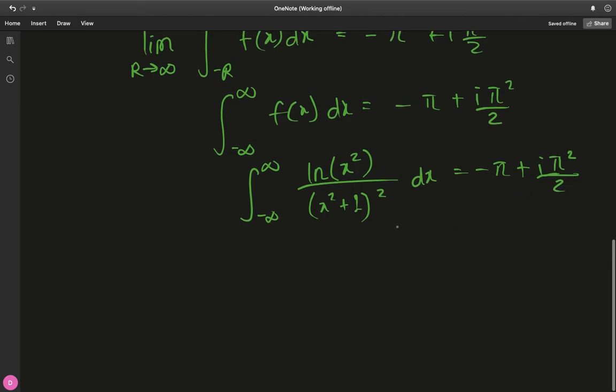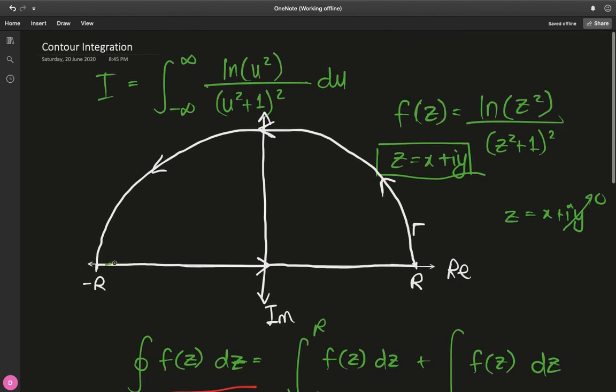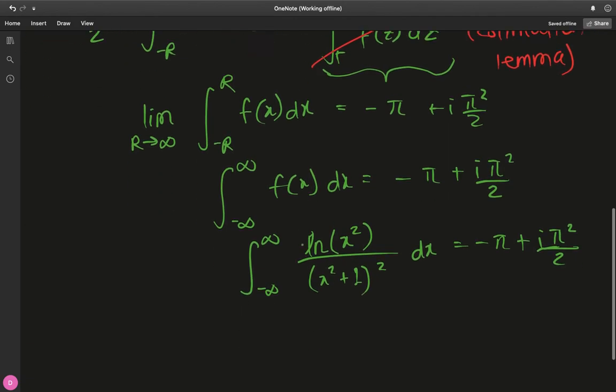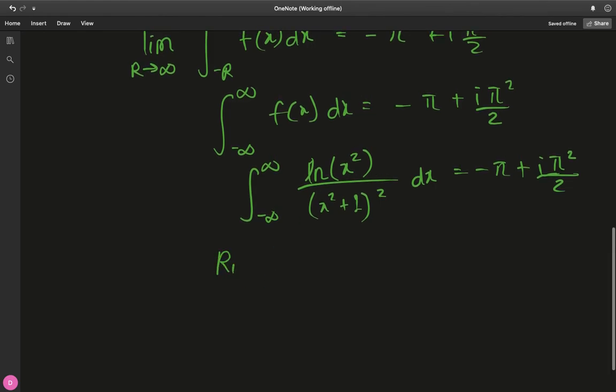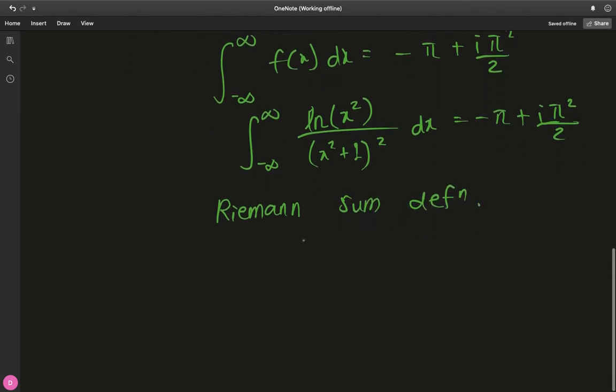But now, here's an interesting observation: this integral was entirely on the real axis, right? If you look at the contour, this was on this axis entirely, what I'm marking with green. And by the Riemann sum definition of an integral, that's like saying if you have the sum from k equals 1 to infinity of some f of k times delta k, which is really small, in the limit as delta k goes to 0.